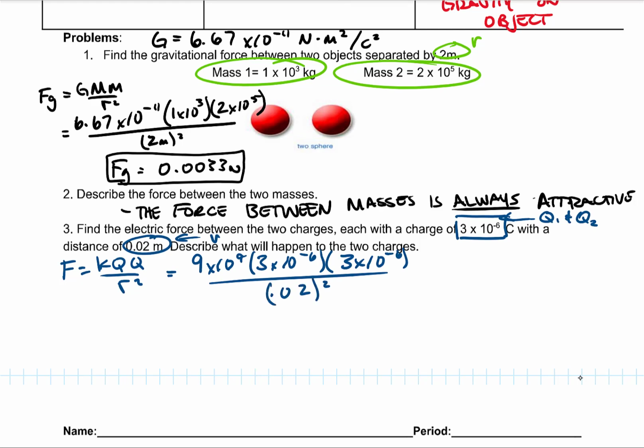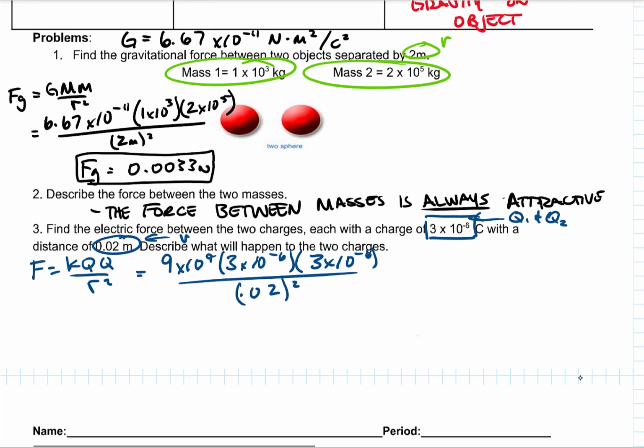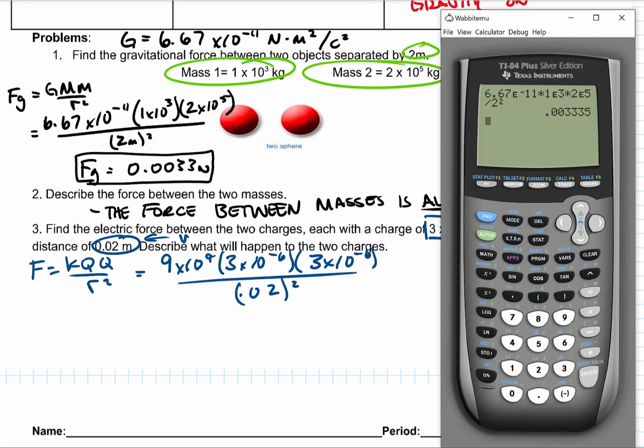And again, we have to remember to square that. And so we'll pull the calculator back out. So it's 9, second, comma, to get the EE button, 9, times 3, second, comma, to get the EE button, and then you do negative 6, times 3, second EE to get that button, negative 6, divided by 0.02, and then we have to remember to square that radius.